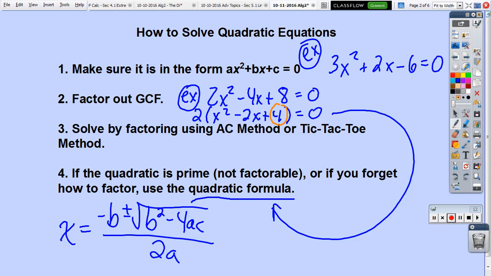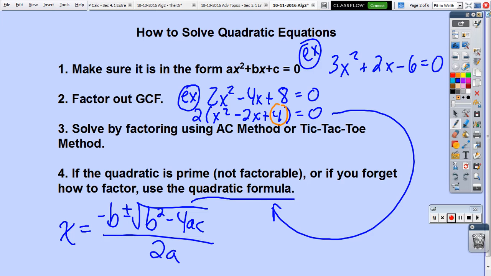So whether you're solving by factoring or by quadratic formula, make sure step 1 is satisfied, that it's set equal to 0 first. Step 2, factor out the GCF. That's something you can do if you recognize it. It makes life a little bit easier, so you're dealing with a smaller quadratic, or at least it looks smaller, and it's easier to factor from there, or solve using the quadratic formula. Here's a perfect example that we had, where they each had 2 in common, so we factored out 2.